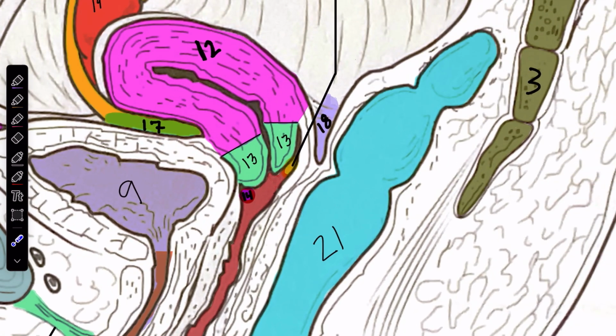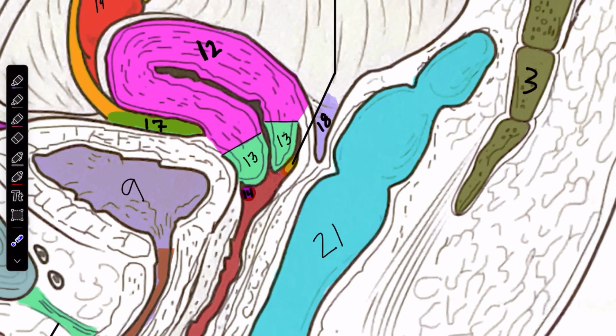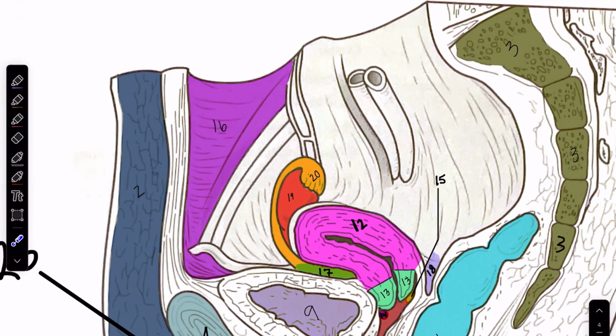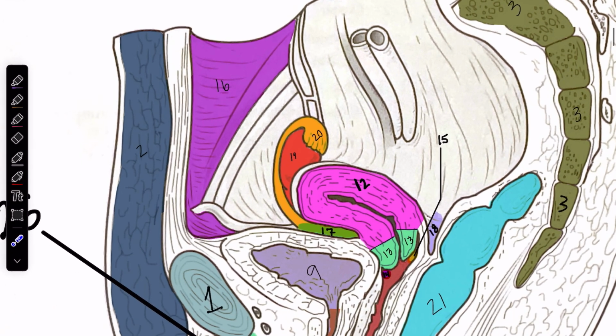Number 16 is the peritoneum, and it is this innermost layer of that body cavity. While this is your rectus abdominis, right there. 17, that is going to be your recto-urinary pouch.